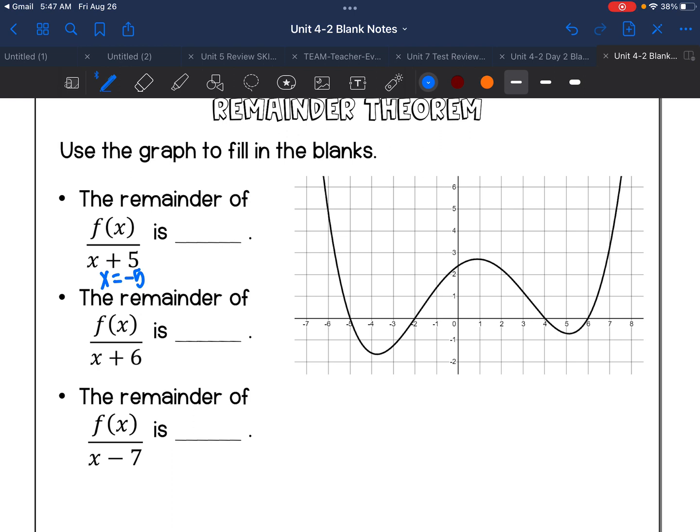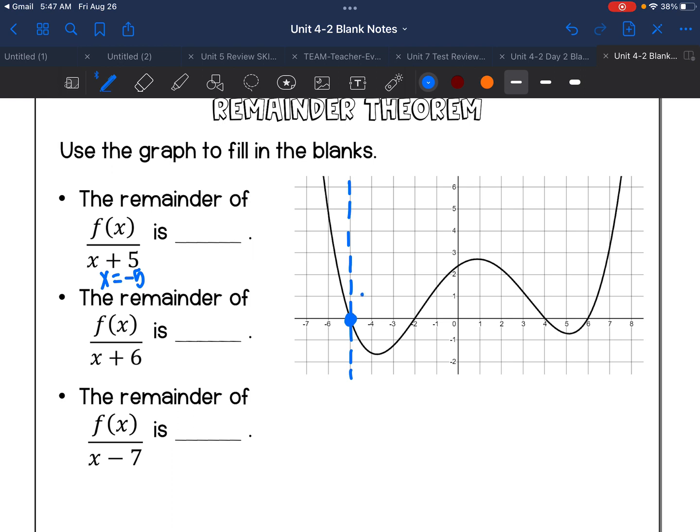Now, technically what we're looking for is a point on our graph where it has an x value of -5. If you can pick that out easily, great, but if you struggle to pick out points, trace over the vertical line that represents x equals -5, okay? And you are going to put a point where that vertical line and your graph intersect, okay?